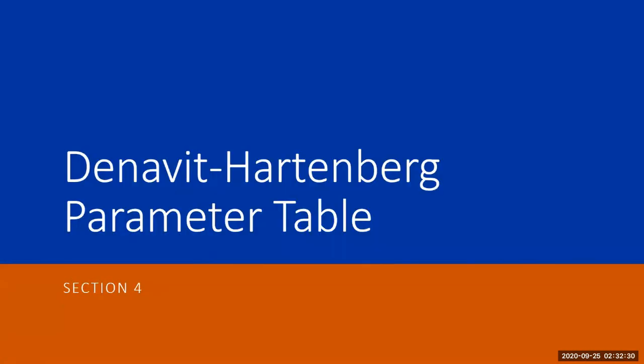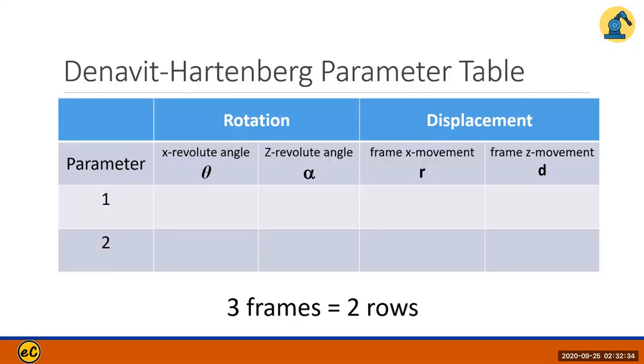Denavit-Hartenberg parameter table. Now here comes the most typical part, the Denavit-Hartenberg parameter table. If you have 3 frames, you should have 2 rows. With 4 frames, 3 rows, because each row represents the relationship between 2 frames.